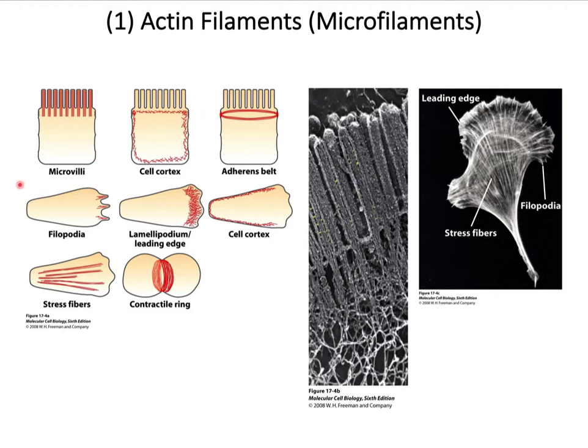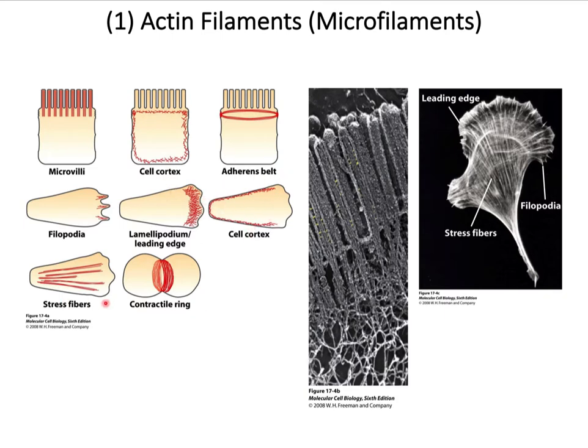In the case of motile cells like white blood cells, right here, you will see actin in filopodia or lamellipodia. These are structures found on the leading edge of motile cells, and you can see a thin layer of actin around the cell as well, which provides structural integrity to the motile cell.